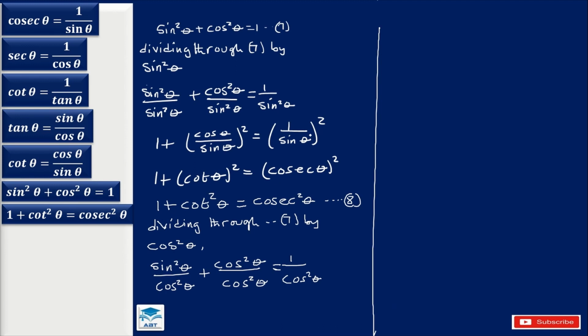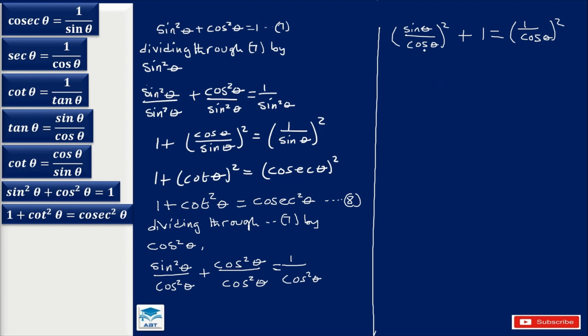So we can write this as sine theta over cos theta all squared plus cos square theta divided by cos square theta is 1. And we can also write this as 1 divided by cos theta all squared.